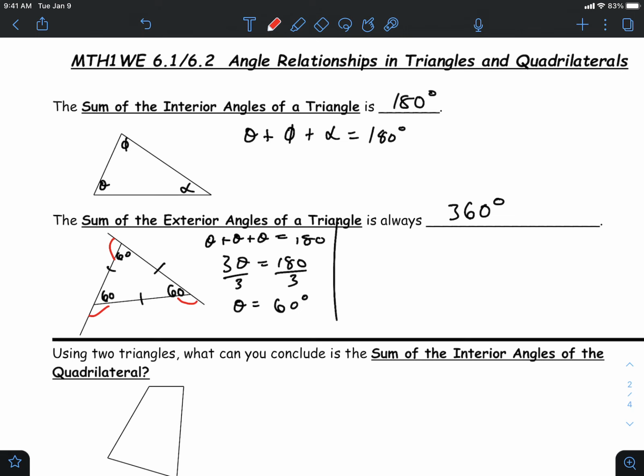How many degrees are in a straight line? 180.